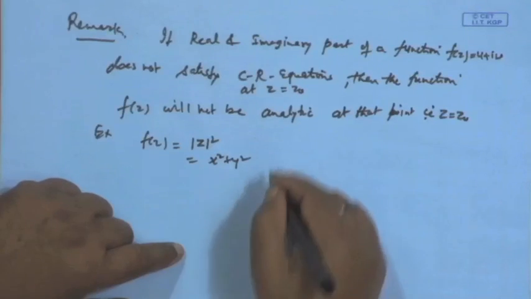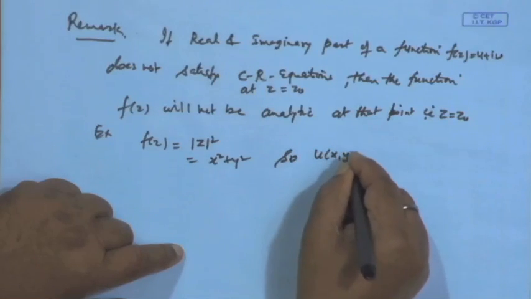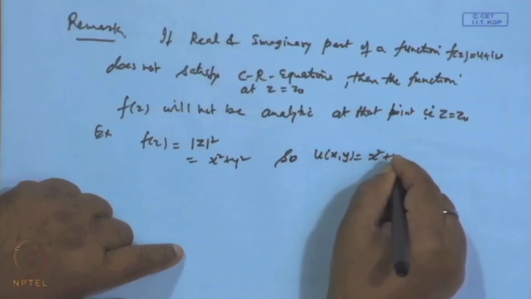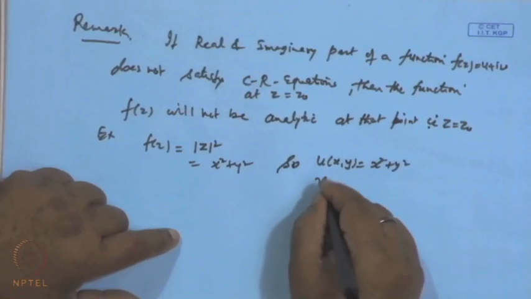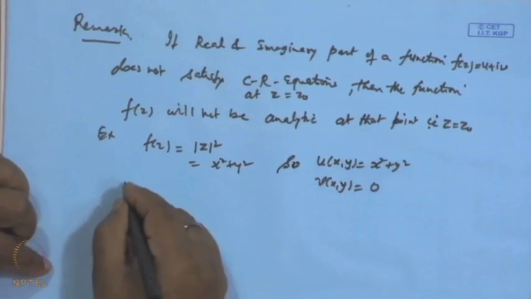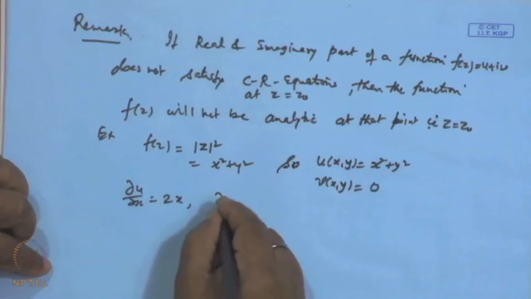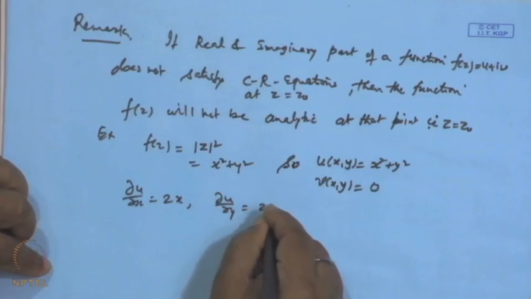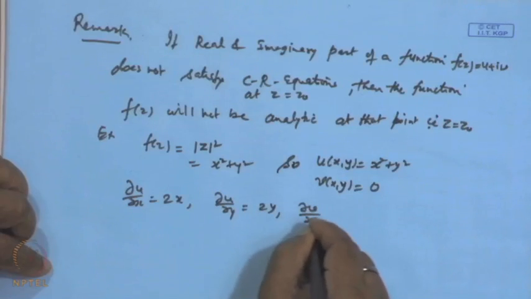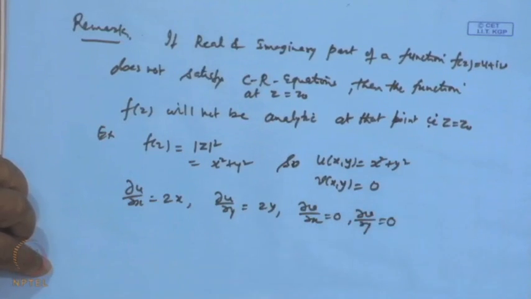It is nothing but x square plus y square. So, our u becomes x square plus y square, v becomes 0. So, when you take del u over del x, it is 2x, del u over del y, it is 2y, while del v over del x is 0, del v over del y is 0.